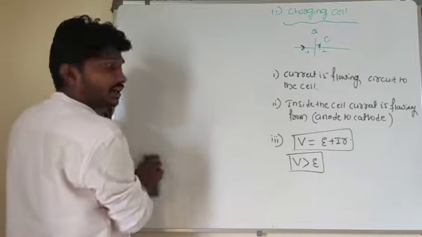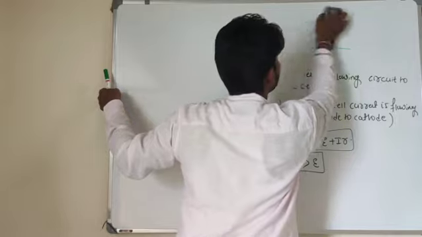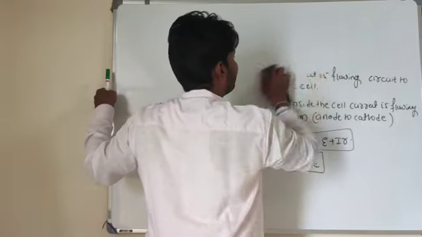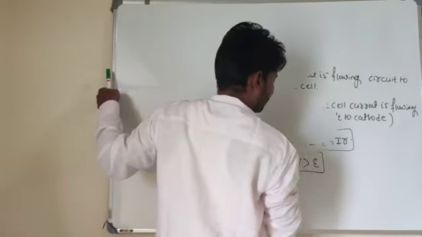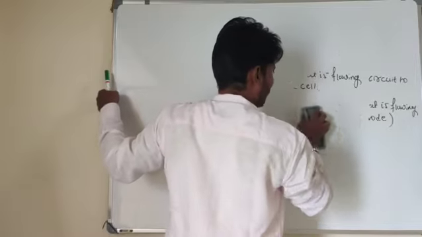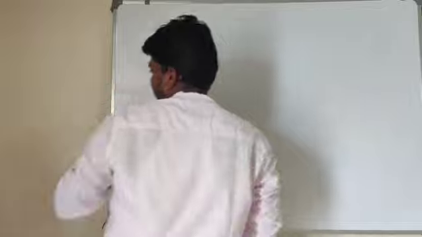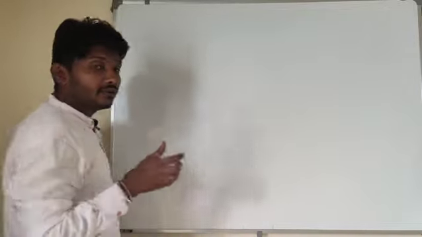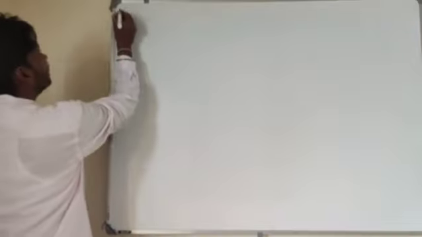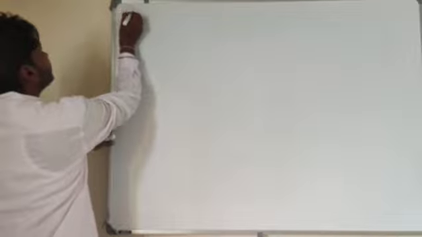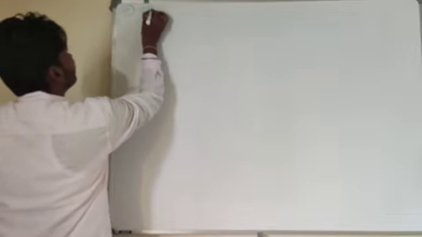Now we will understand one more terminology, that is open circuit and another one, short circuit. So what is an open circuit and what is a short circuit, you can understand now. So look at here. Next we will be focusing on the third point, that is open circuit.